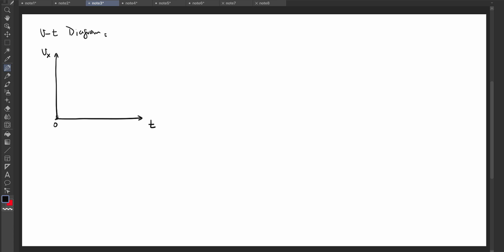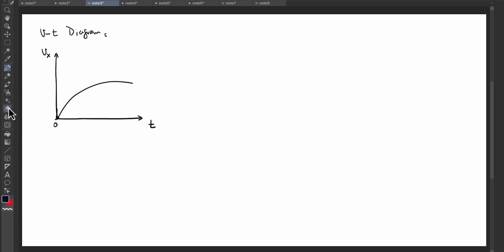And also notice just one side note that I do not draw on the left side here, because for all physical time, the time must be positive. We cannot have a negative time. Okay, so that's why we confine ourselves to the right side. And let's say we have a curve that looks maybe like that. Okay, that's the Vx curve.